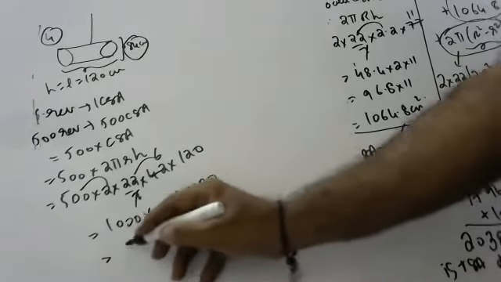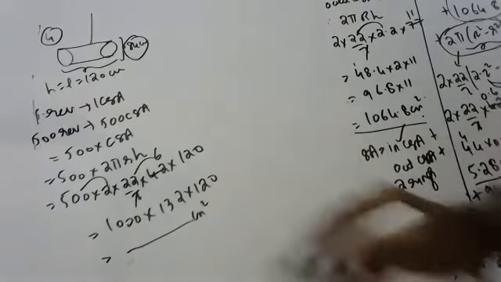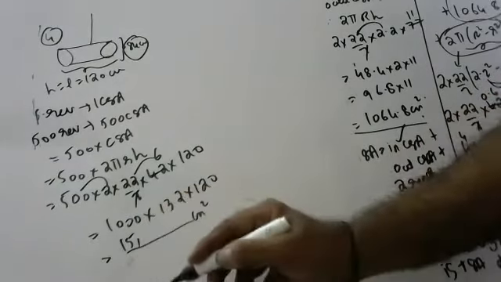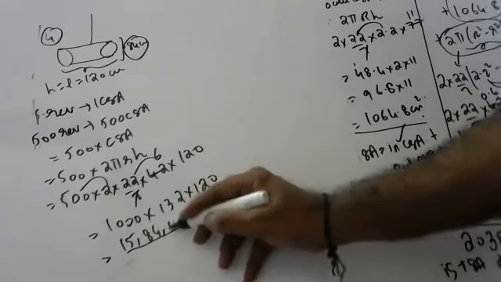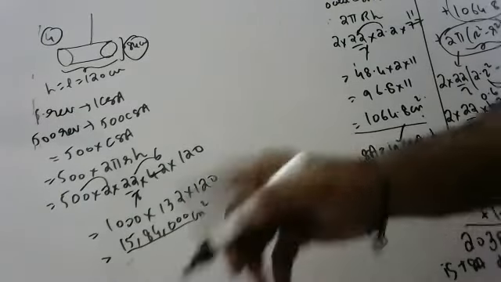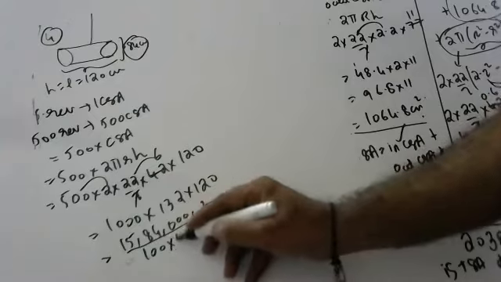Can anyone tell the calculation? The answer is 158,40,000 centimeters square. Now, how to convert to meter square? Divide by 100 into 100.